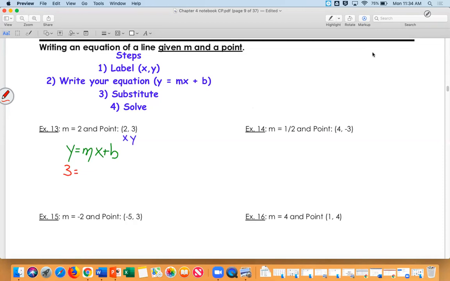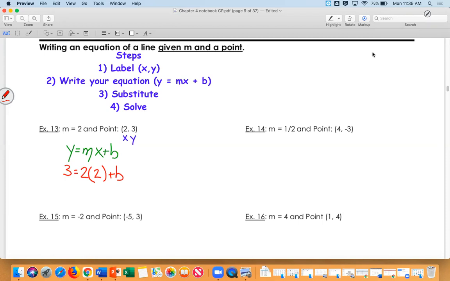Do you see the letter m? It's 2. So instead of writing m, I'm going to write 2. What is x? Another 2. Plus b. Do I know b? No, I don't know b.